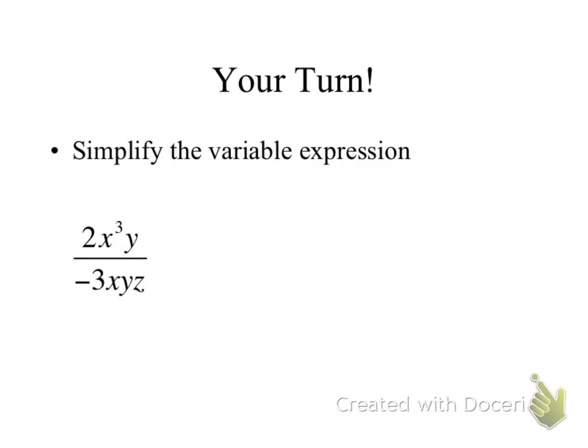So how about you try it? This will be your turn to try. Okay, for this one, it sure is a lot easier having to do those prime factorizations or factoring the monomials when the number part, the coefficient, is already prime. So 2 times x times x times x times y over negative 3 times x times y times z.